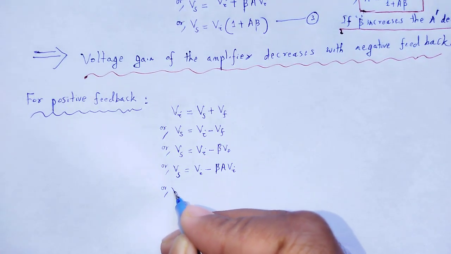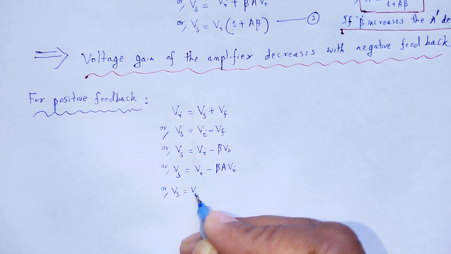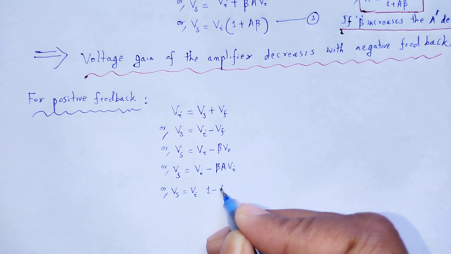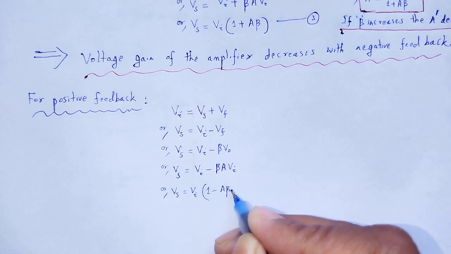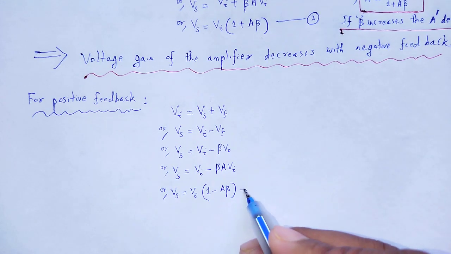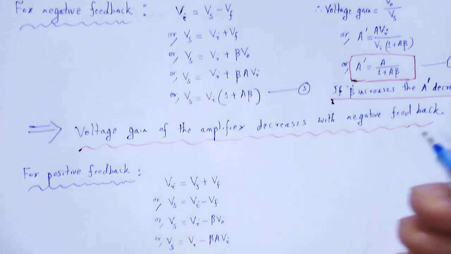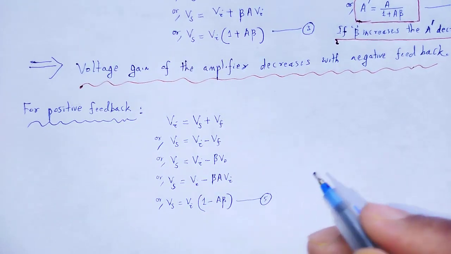Taking Vi as common, 1 minus A beta, equation number 4.